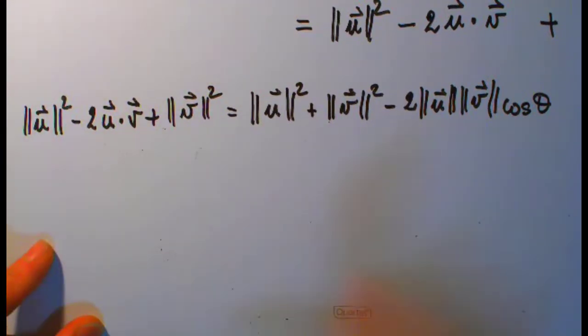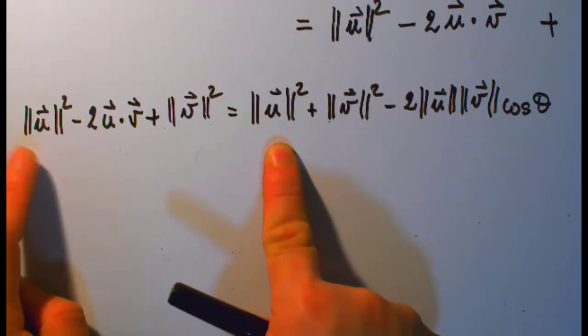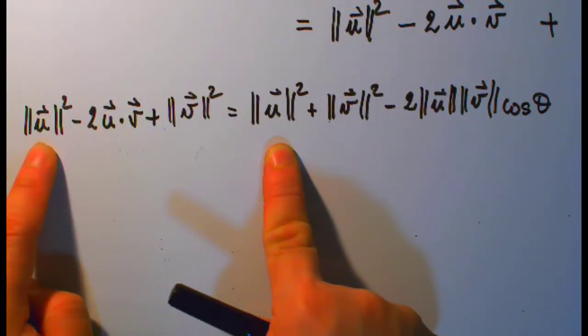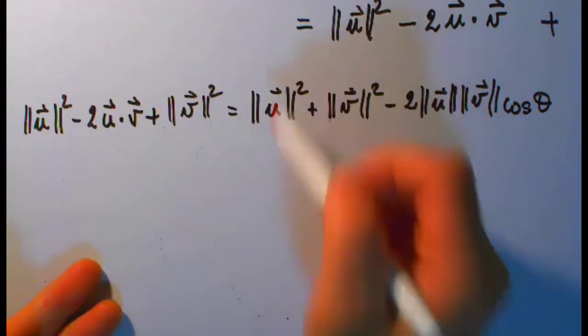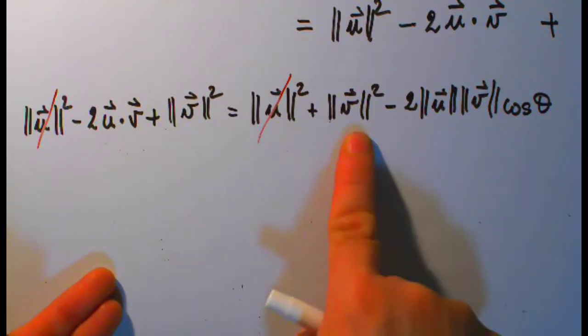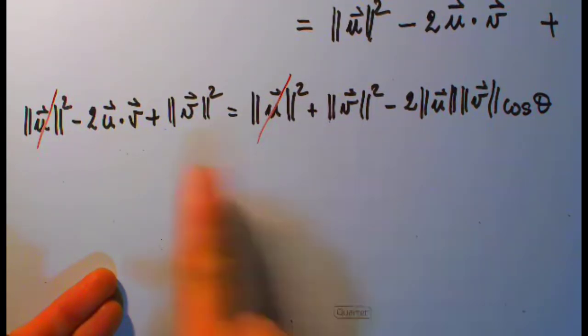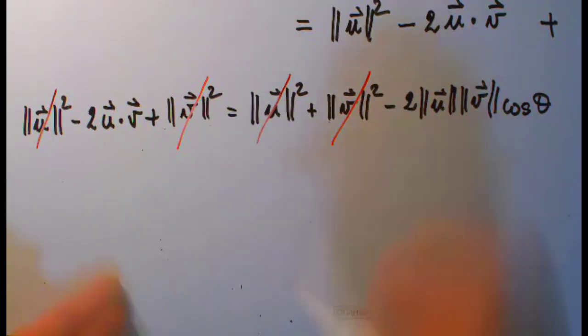Equating the two, we didn't do too much to it. What we recognize now is that we have opposite terms on the two sides. The length of u squared on both sides can get cancelled out. The length of v squared terms are exact terms on opposite sides, so they also get cancelled out.